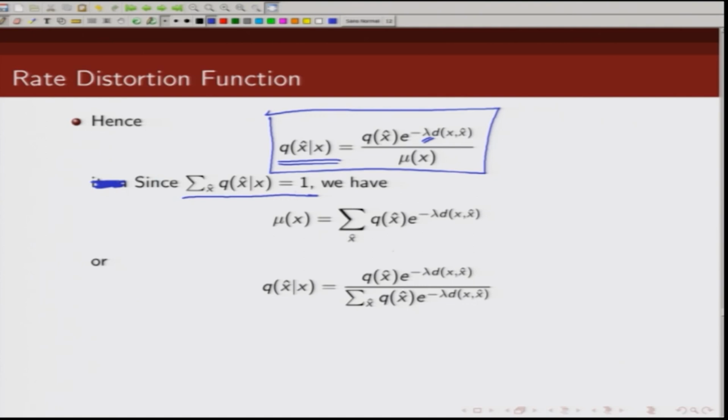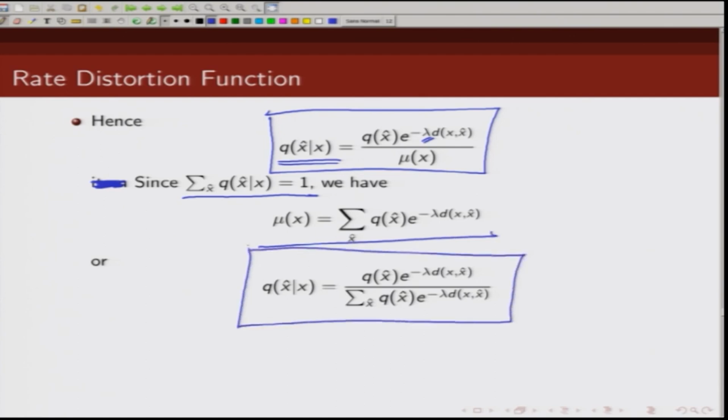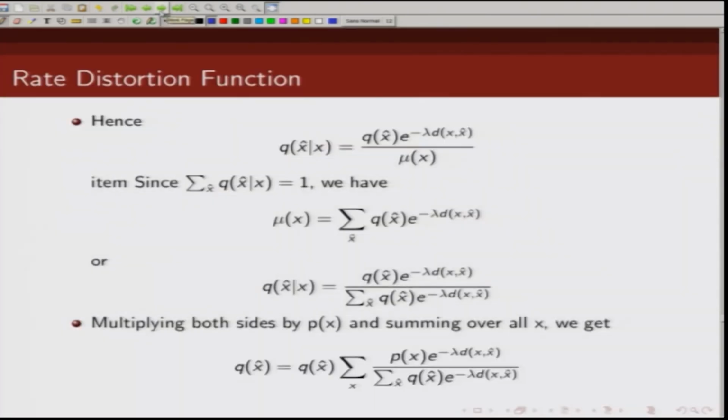So, mu of x then comes out to be this, and q of x hat given x is this quantity. Next, multiplying both sides by p of x and summing over all x, we get q of x hat is equal to q of x hat into this.